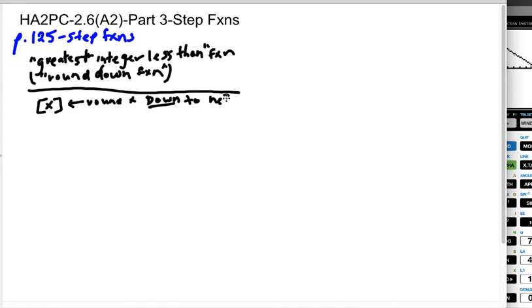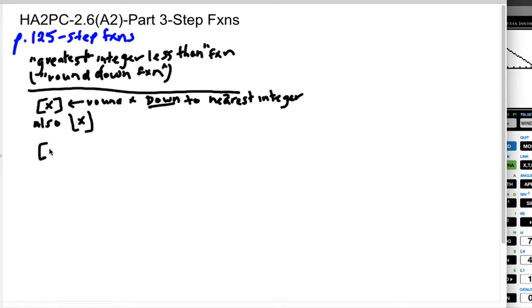It is the same notation that I've only ever seen in your textbook, to be honest, as this weird bottoms-only bracket. I've never seen that notation anywhere but your textbook. You're going to see it as a full bracket, but your textbook uses this weird bottom-only bracket. What that's telling you to do is round whatever number is on the inside down to the nearest integer. And that means that if something's already an integer, it rounds down to itself.